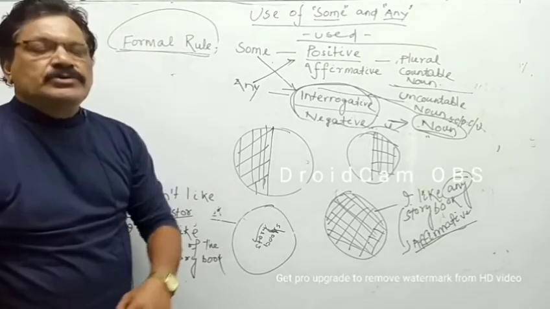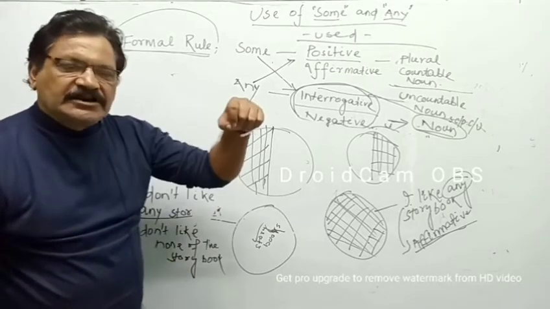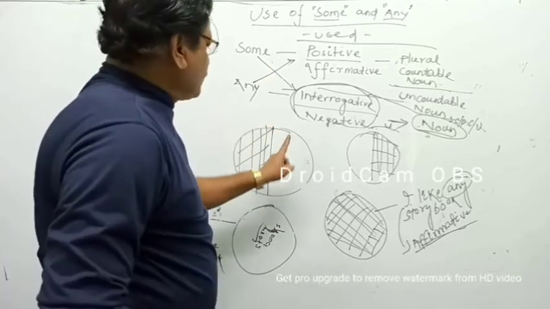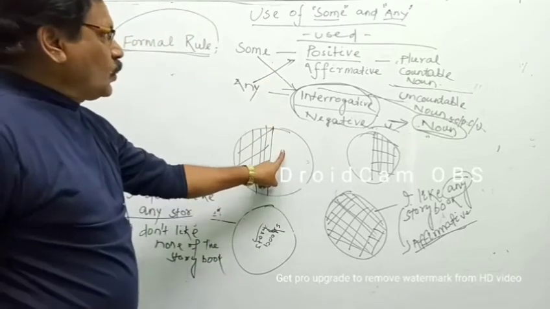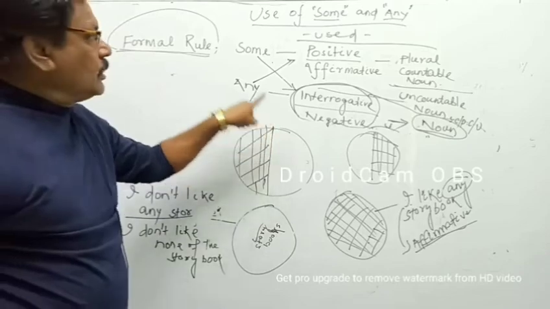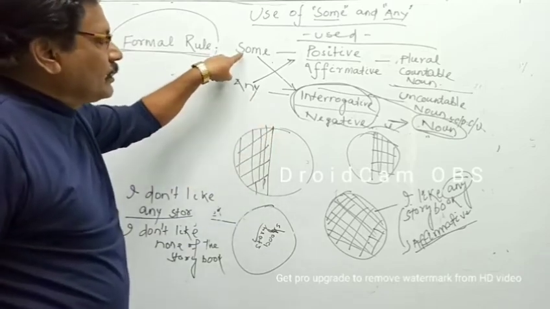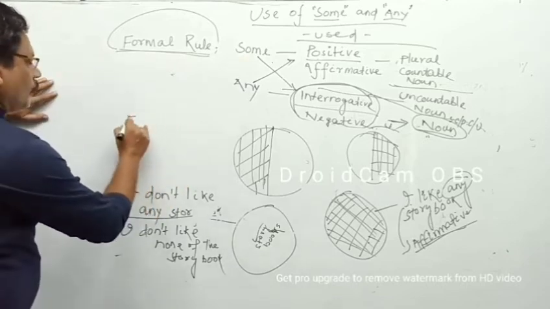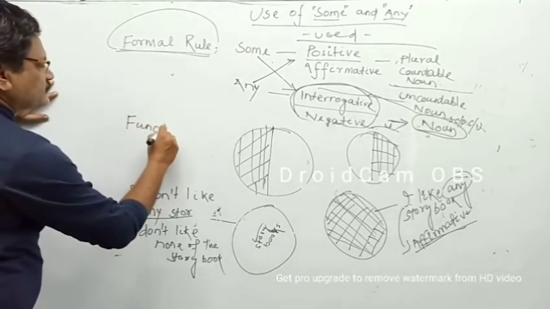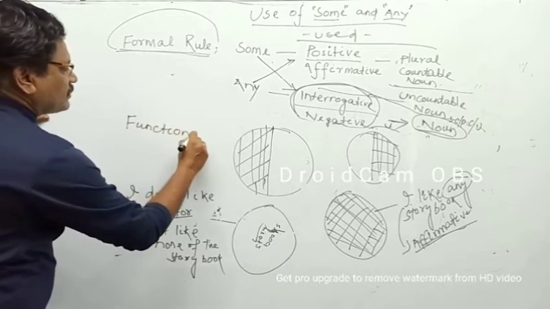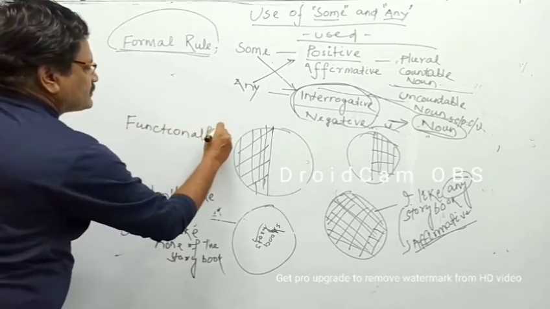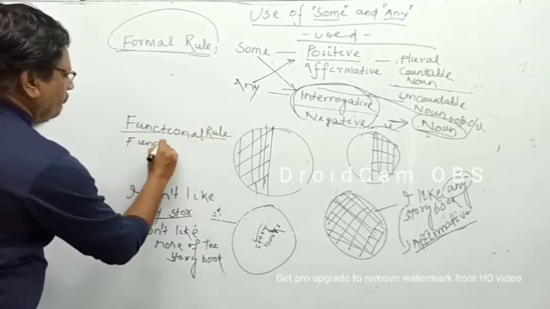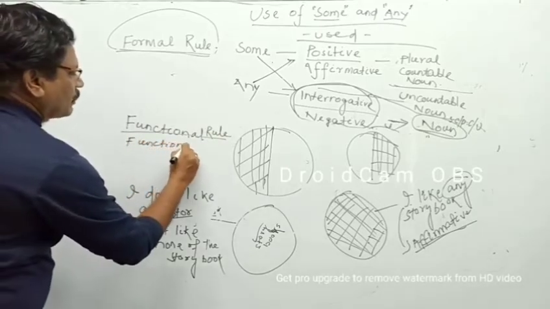Generally is generally used in every sentence, every rule. Just like, come on to Sham, what is our formal rule? There are two grammars. This is functional rule, this is functional grammar.